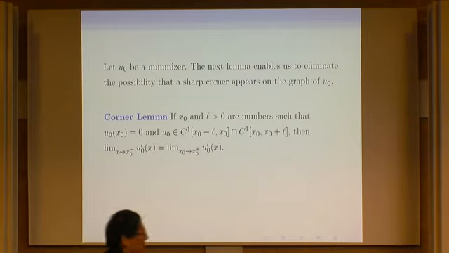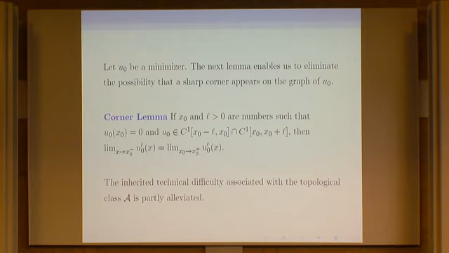This is the so-called lemma to make sure that there's no sharp corner at the end of the interval. So once you get this, you already know u0 is a C1 function. Although it's not C2 yet, the C1 function helps a lot.